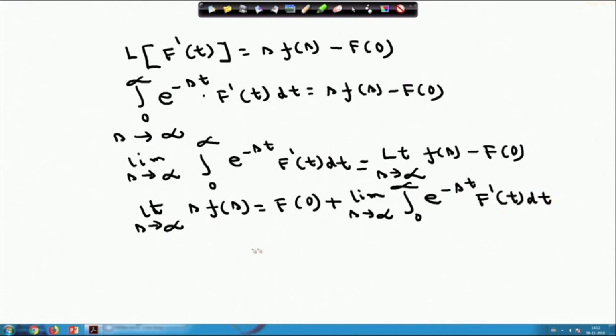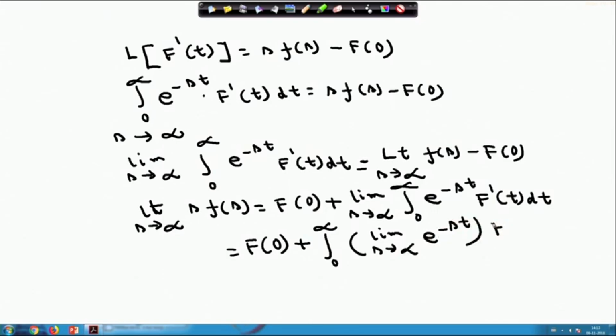This is equal to, you can write f(0) plus integral from 0 to infinity. This limit s approaches infinity you can bring inside, so that it becomes limit s approaches infinity of e to the power minus s t into f'(t) dt. And what is this limiting value?